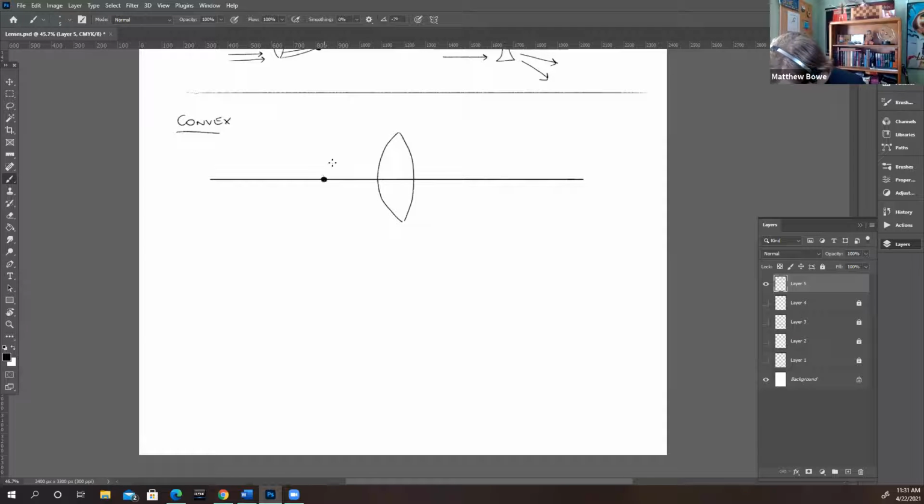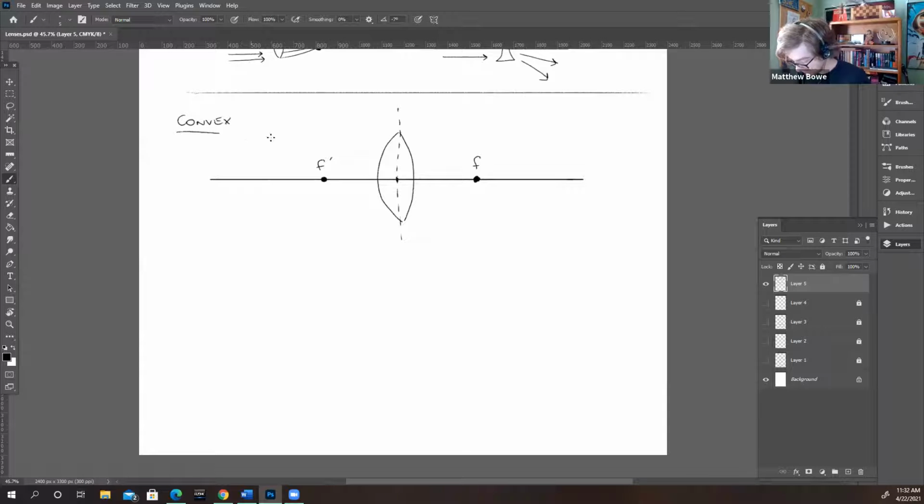I'm going to say one's right here, and one is right here. They should be the same distance away from the center of the lens right here. Okay, so one of them is F prime, one of them is F.